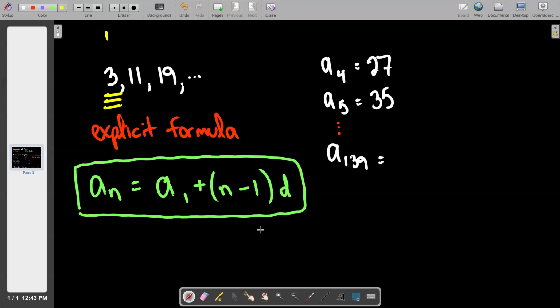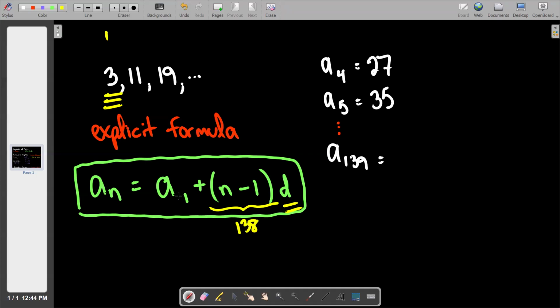Exactly, which is where this n minus 1 comes from. If I want to go to the 139th term, I really only need to do 138 jumps to get there. And if I'm on these platforms, how many numbers am I changing by every time I jump? Which is where the d comes from. And of course, the A sub 1 is here because you got to start somewhere.